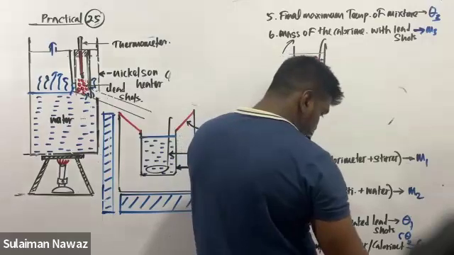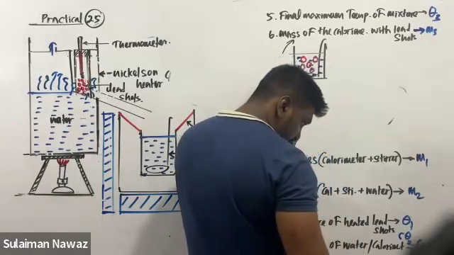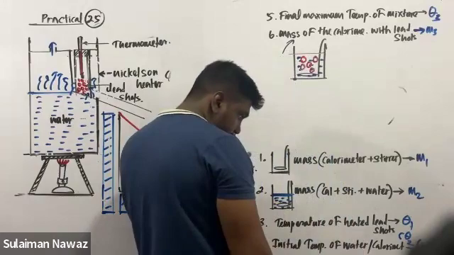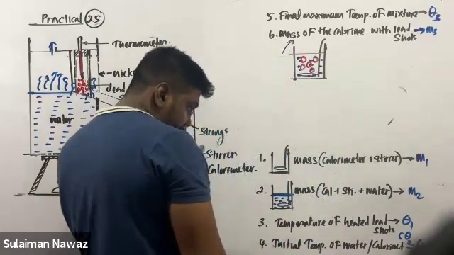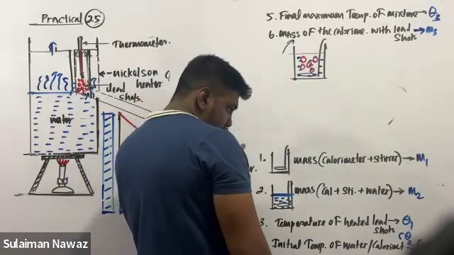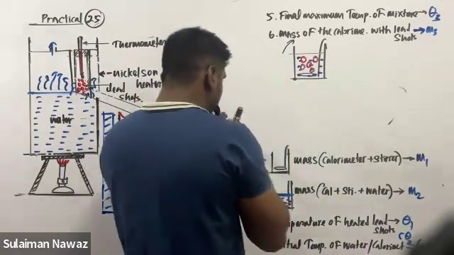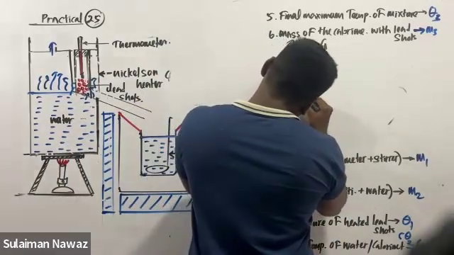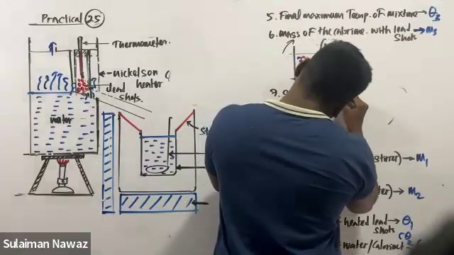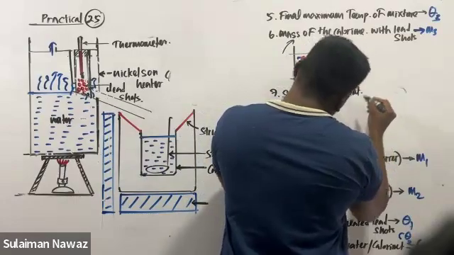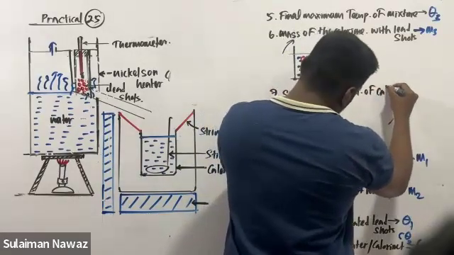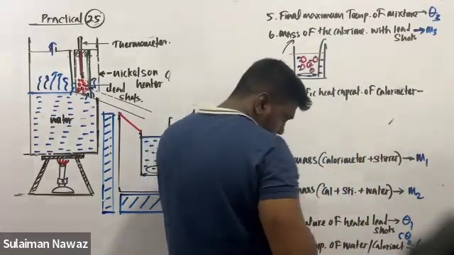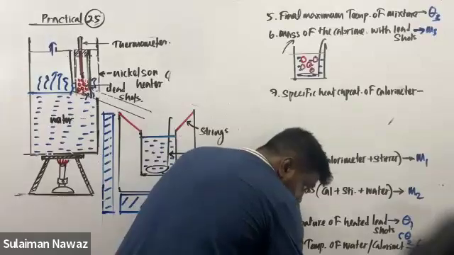Specific heat capacity of the calorimeter material, we'll consider it as S1.